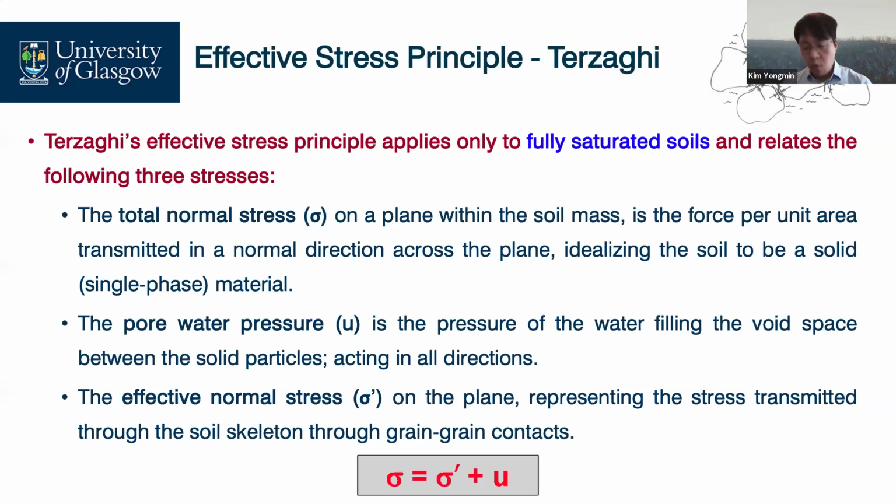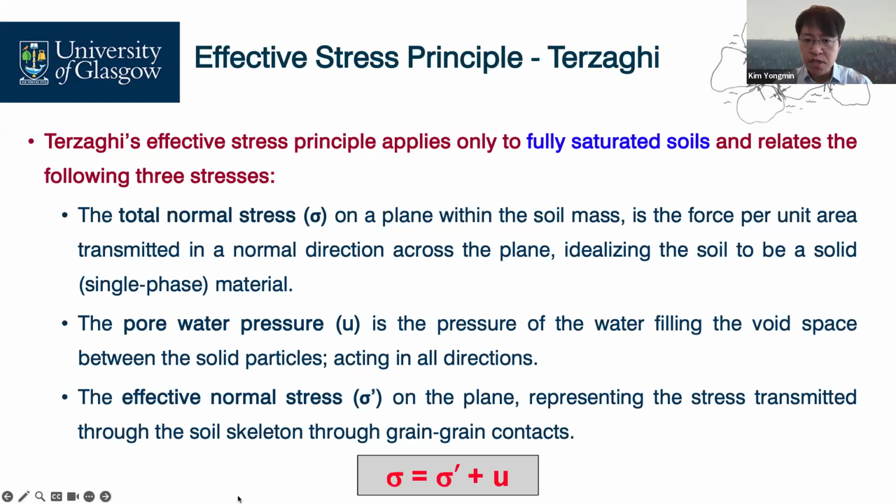So the total stress on a plane within the soil mass is the effective stress, this contact normal stress, plus the pore water pressure, which is the force per unit area transmitted in a normal direction across the plane, idealizing the soil to be a solid material. So effective stress plus water pressure is total stress.